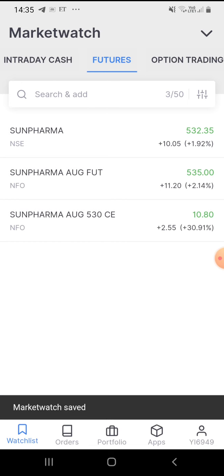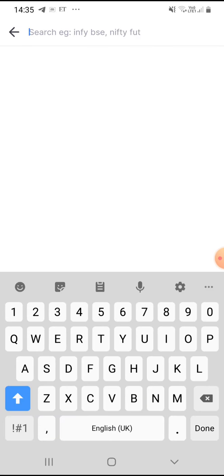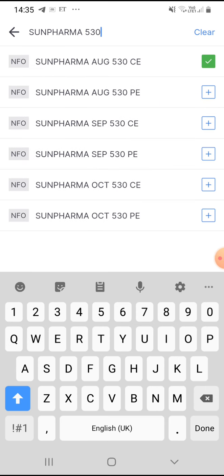One thing you need to understand: we will buy the current month options only. So for Sun Pharma, just type 53. You know that the real value is 535, so just the first two digits.